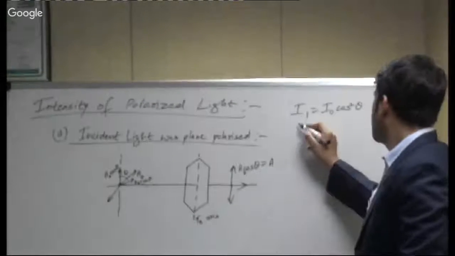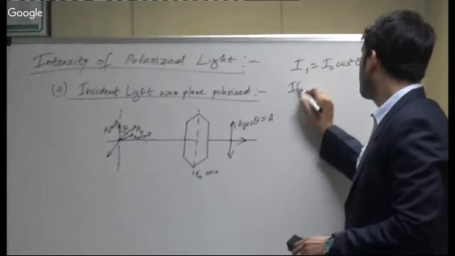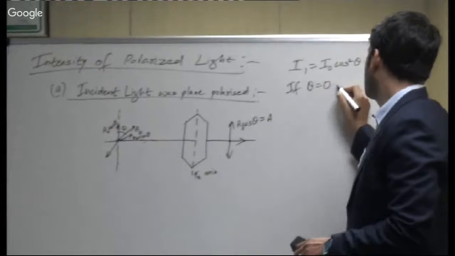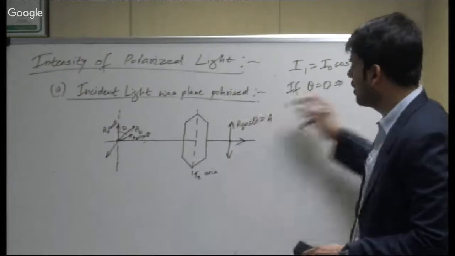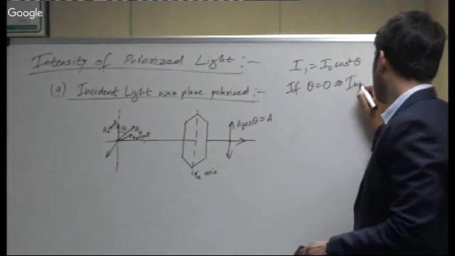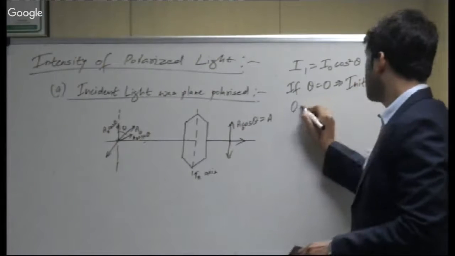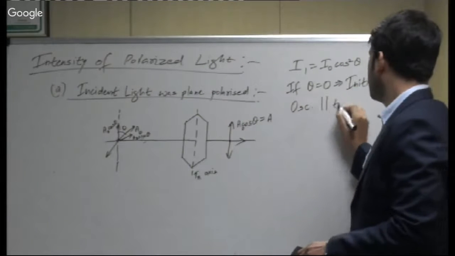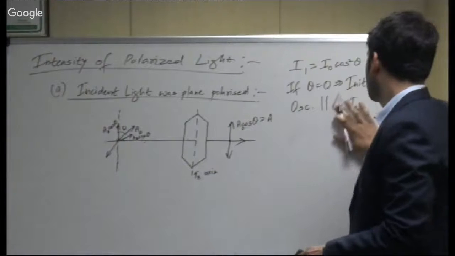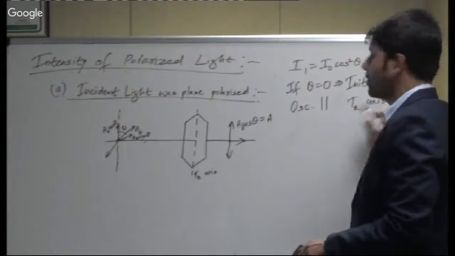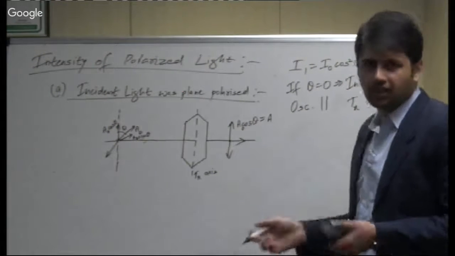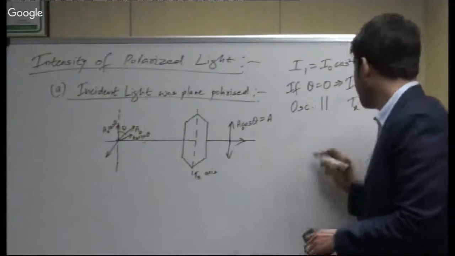If theta is 0, the initial oscillation is parallel to the transmission axis, and the whole of the light would be transmitted.